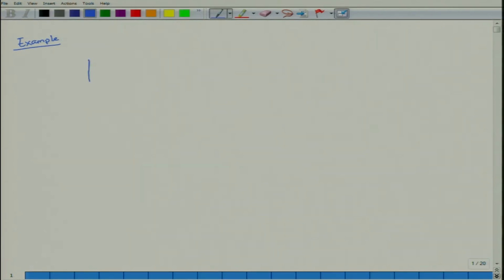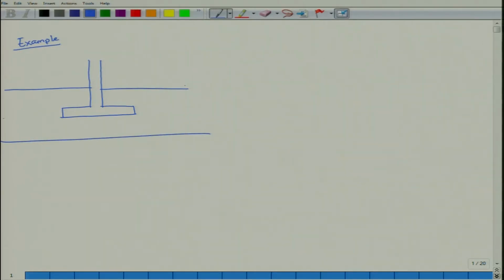There is a footing, here it is footing, 1 meter, then here it is 1.5 meter, there is a water table here.